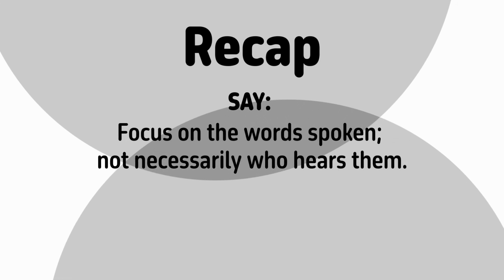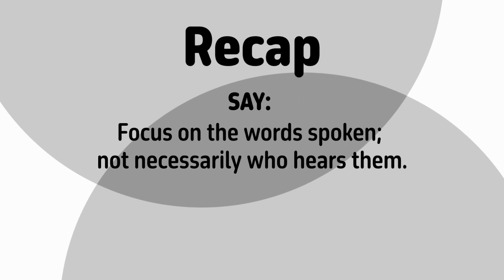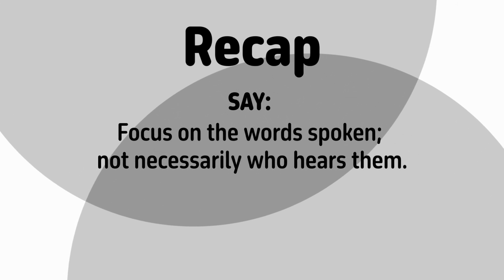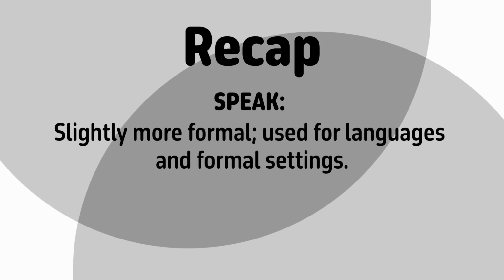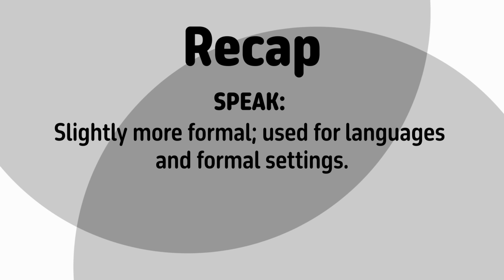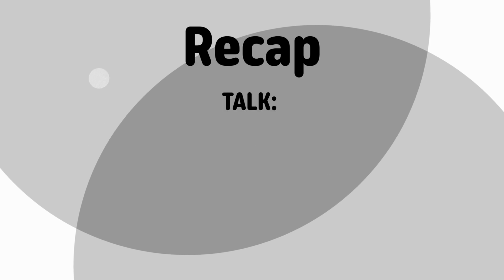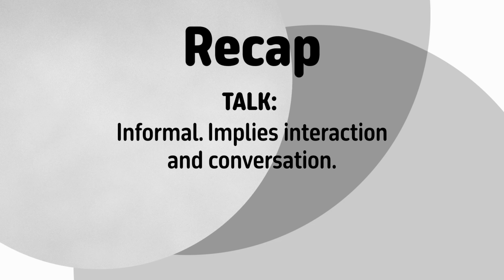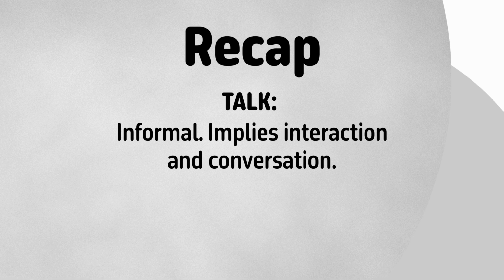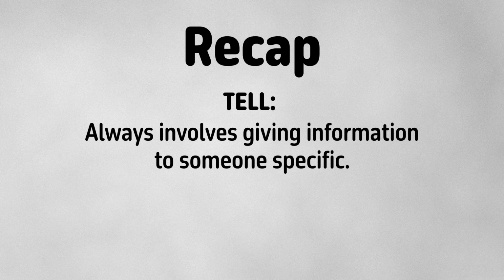Focus on the words spoken, not necessarily who hears them. Speak. Slightly more formal, used for languages and formal settings. Talk. Informal, implies interaction and conversation. Tell always involves giving information to someone specific.